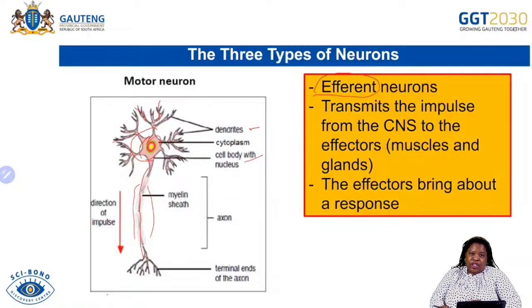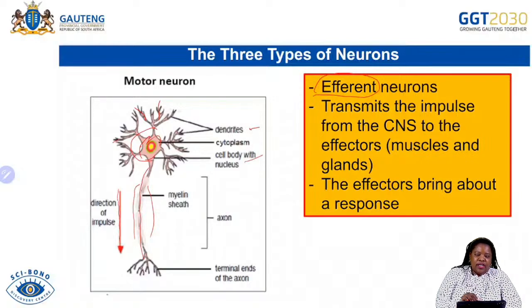By the myelin sheath. Remember, the myelin sheath serves for insulation and also serves for what? For the quick transmission of what? Of the impulses to the terminal end of the axon. Okay? Look, even here we are showing the direction of the impulses.